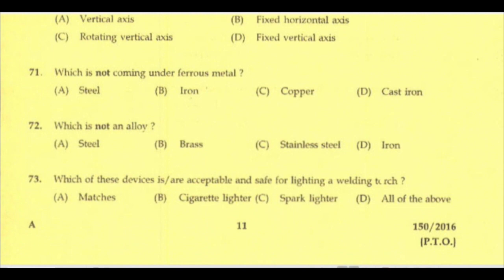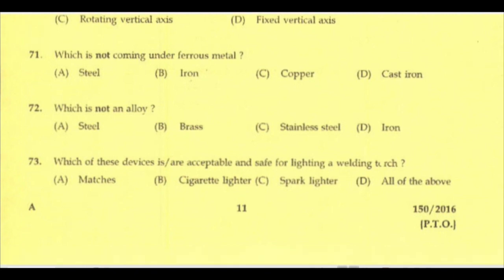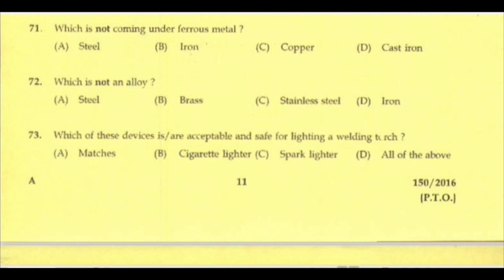Which is not an alloy? Out of this, iron is not an alloy. Steel is the alloy of iron and carbon. Brass is the alloy of copper and zinc. Stainless steel also, iron and carbon. Now this iron is not an alloy.